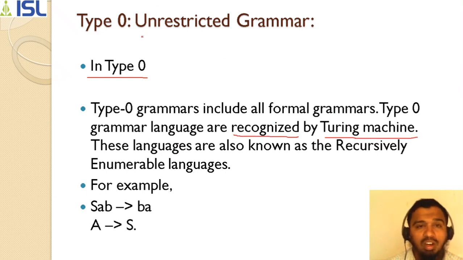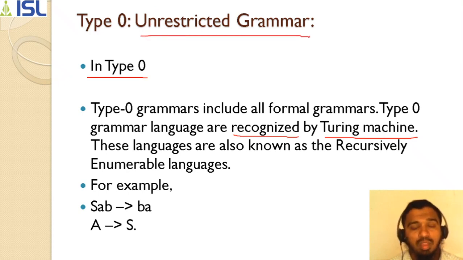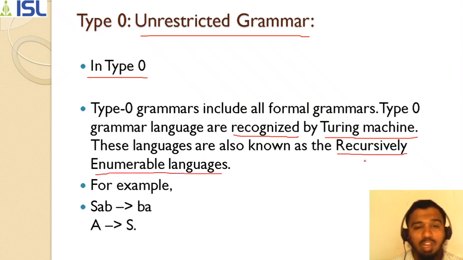Unrestricted grammar or undecidable grammar only recognizes, it will not accept. These languages are also known as recursively enumerable languages. In the previous lecture, I told you about recursively enumerable language.